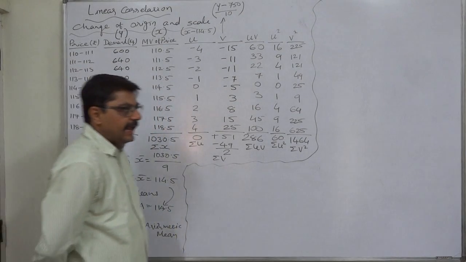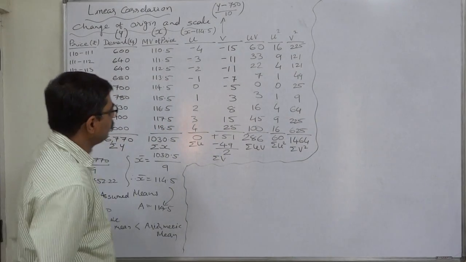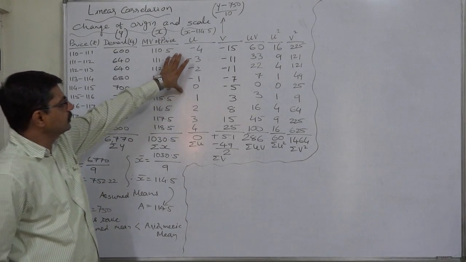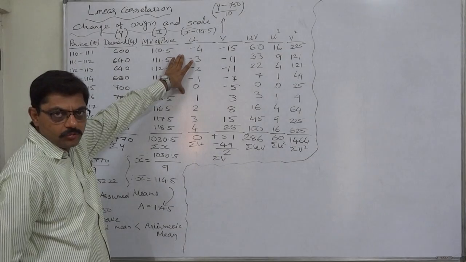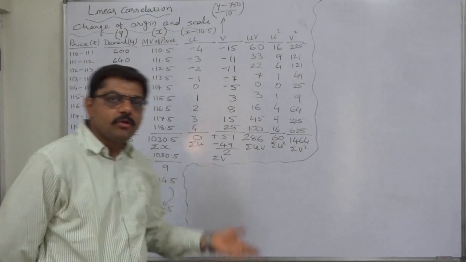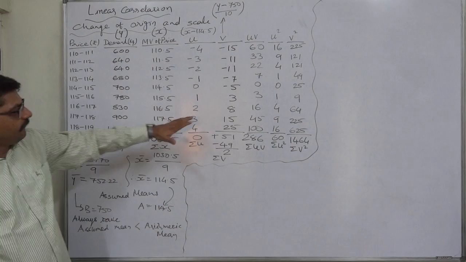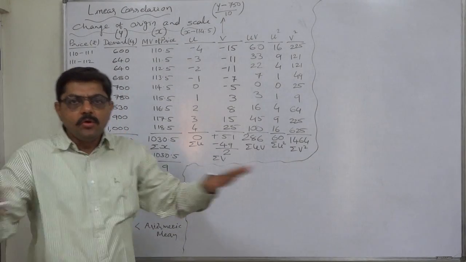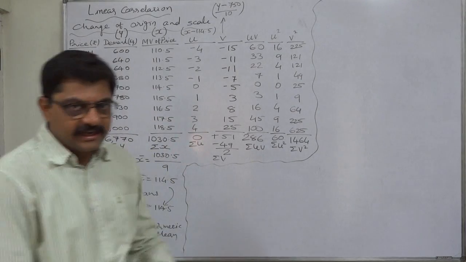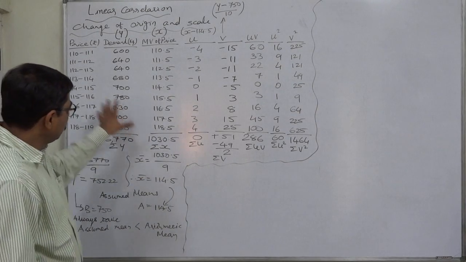So if we add to or subtract from the original value a constant value, say assumed mean, and form a new variable, or if we multiply or divide the original values by any constant value, that is assumed mean, and form a new variable, there will be no change in the value of the coefficient of correlation. We are going to use that property of the coefficient of correlation in solving the problem.